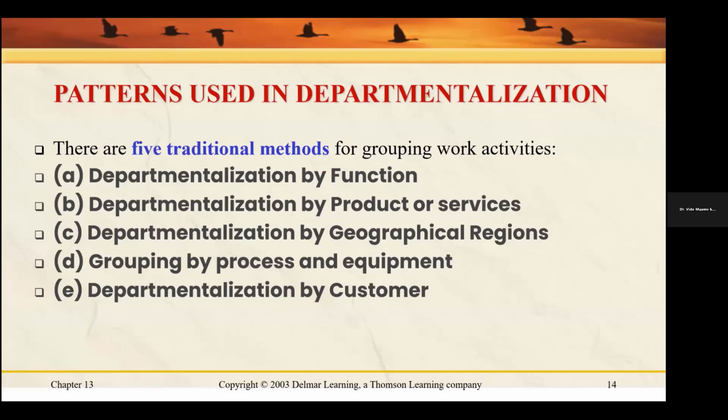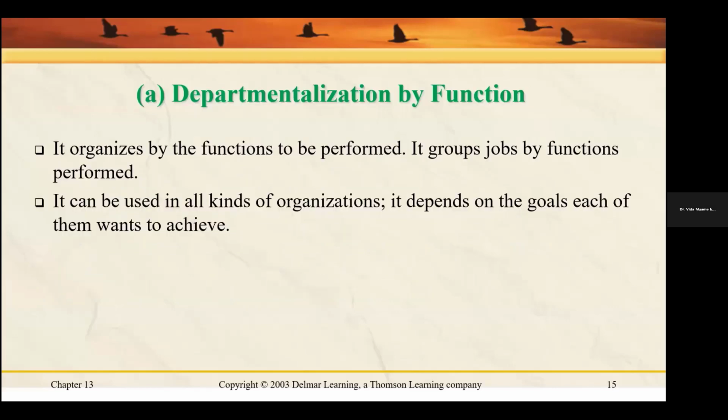Under him, we have engineering, accounting, manufacturing, human resources, or whatever, by the functions they perform. So by function, it organizes by the function to be performed. It groups jobs by the functions that are supposed to be performed. So it can be used in all kinds of organizations.